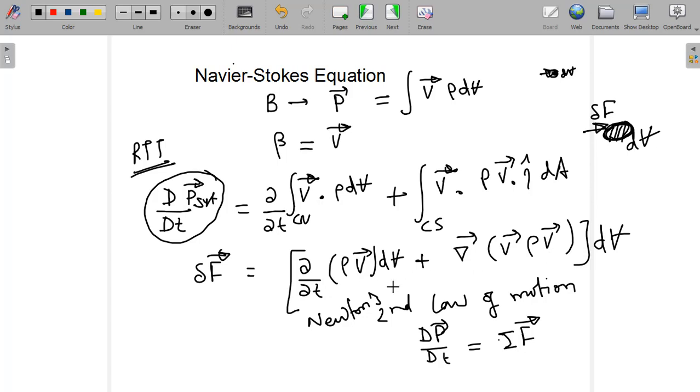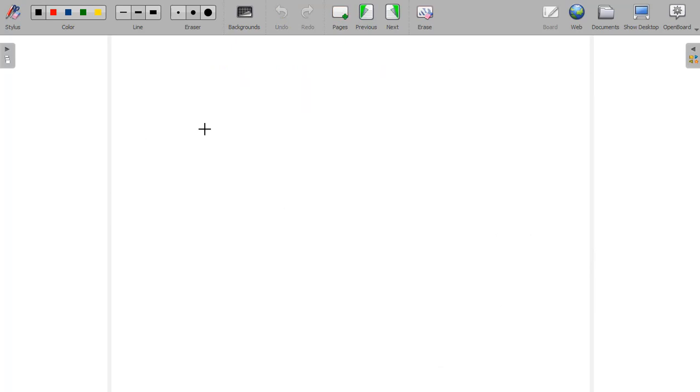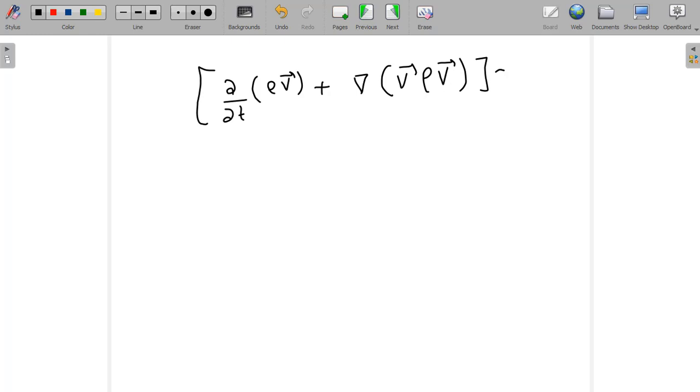Now we can simplify the right hand side a bit more. We can write it this way: del/del t of rho v plus divergence of v rho v, and the whole thing multiplied by dV. We have only considered the right hand side now.